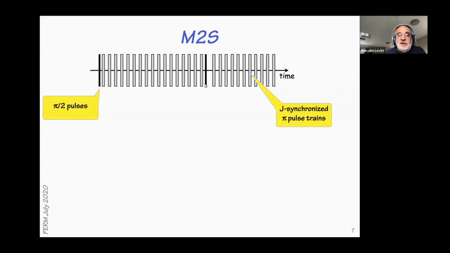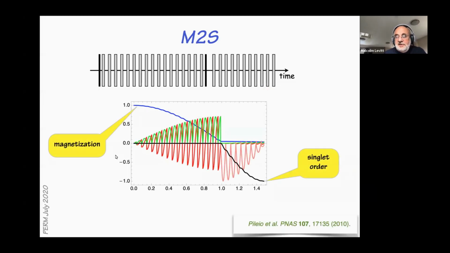And then there's a couple of 90-degree pulses involved as well, and one strange extra delay, which turns out to be necessary in the spin dynamics. Simulations can be done which show how the magnetization of the system is passed through various other terms in the density operator, eventually to singlet order.